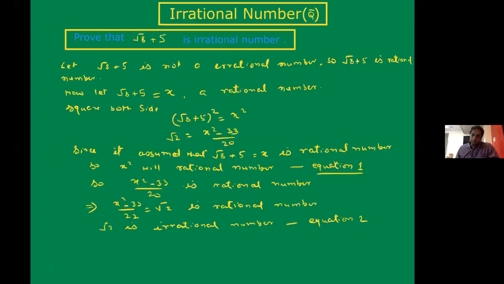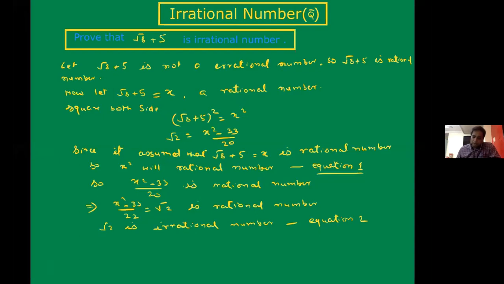Now we'll take one example where we prove that a particular number is irrational. Here I have taken the example root 8 plus 5, which we need to prove is an irrational number. For proving this, first we'll assume that this number is a rational number.